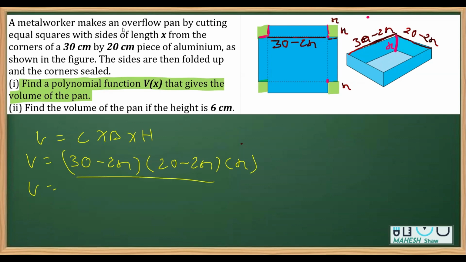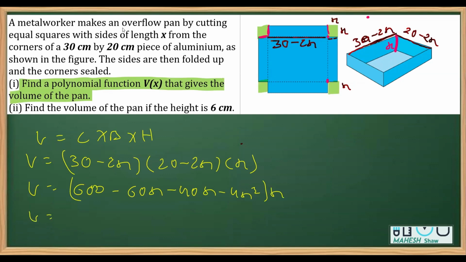First, I'm going to multiply these two. 30 into 20 is 600. 30 into 2x is minus 60x. 2x into 20 is minus 40x. And minus 2x multiplied by minus 2x is 4x square. And we have to multiply this with x.